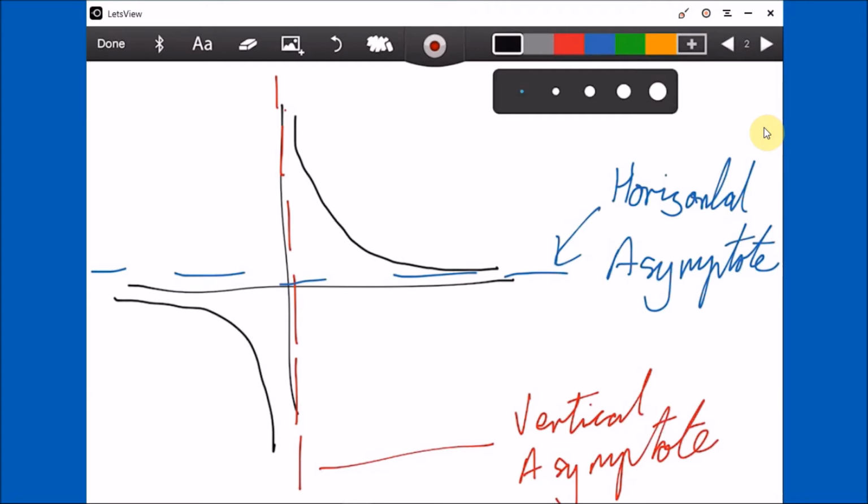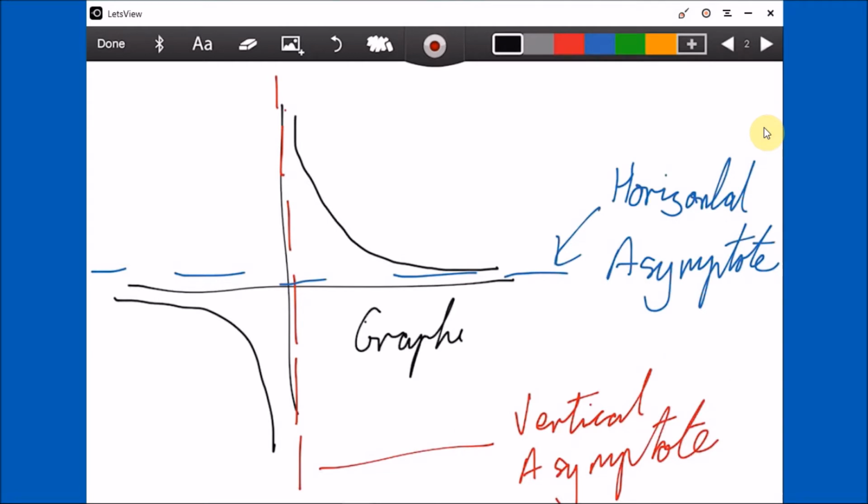So what is an asymptote? An asymptote is a line the graph heads towards, getting closer and closer as we go, which is all very nice.